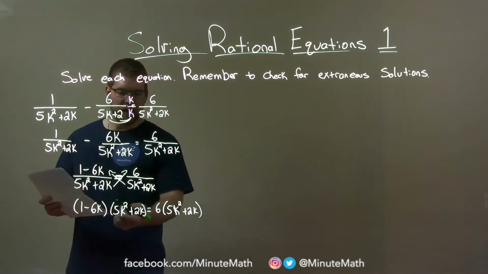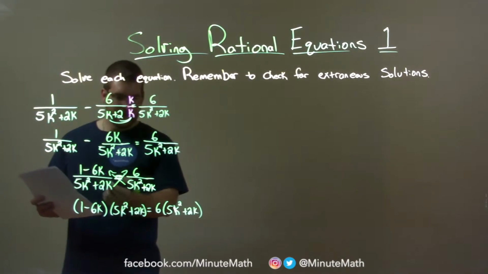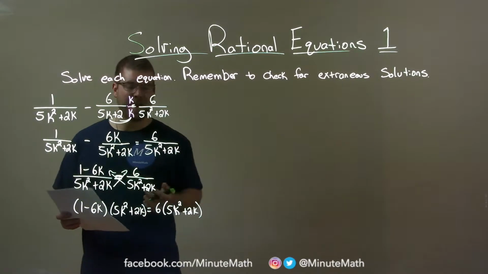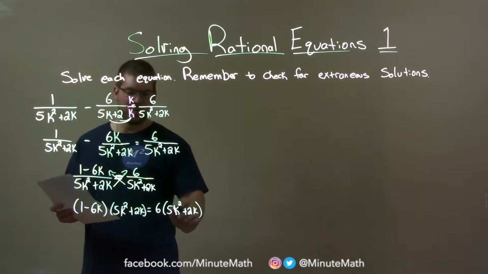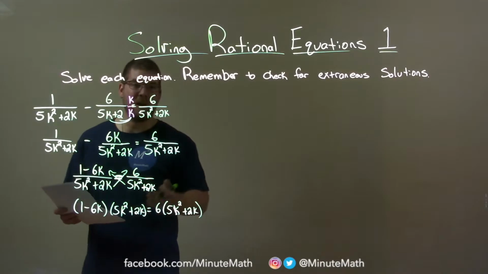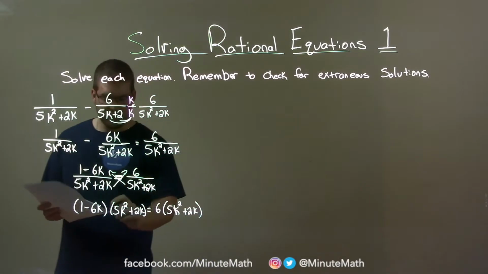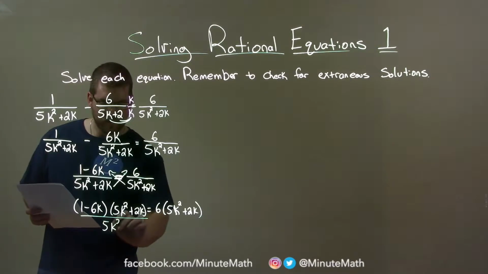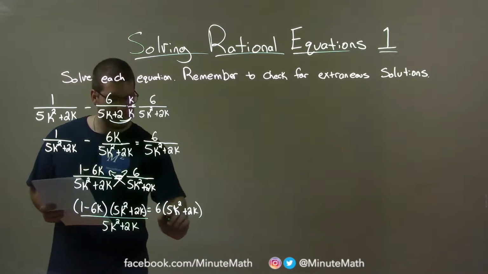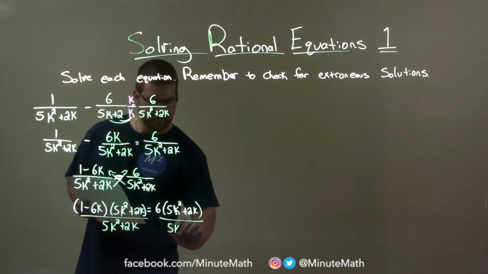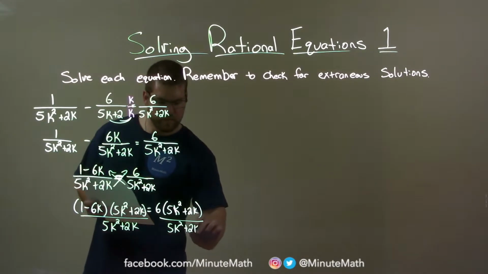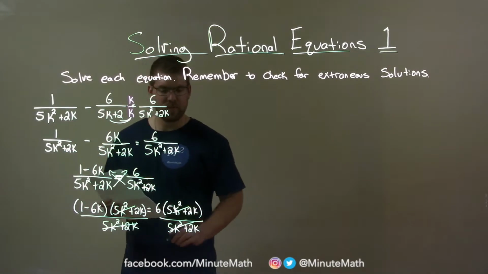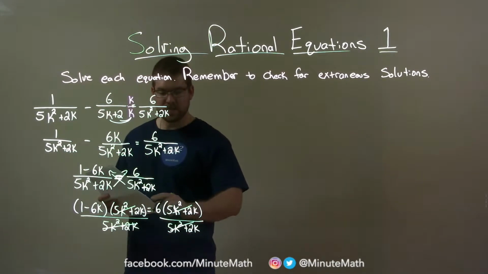Now, I'm going to divide both sides by this 5k squared plus 2k. Normally I would just start distributing right now, but I know if I divide that to both sides, that's going to kind of cancel out, and I like to cancel as much as possible. So if I divide that 5k squared plus 2k to both sides, these will cancel right here, and this will cancel, because they're exactly the same.